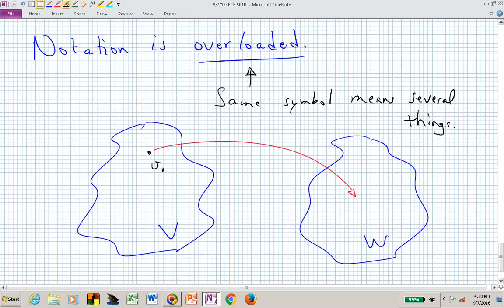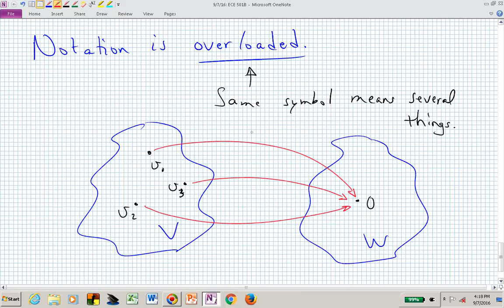And that ending point is actually 0 in W. You give me another vector, V2, and that also is going to go to the same point, but these mappings are unique. And here might be V sub 3, and this is going there also.